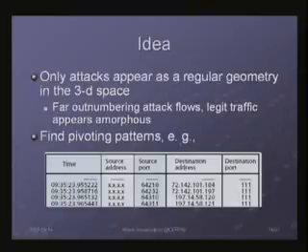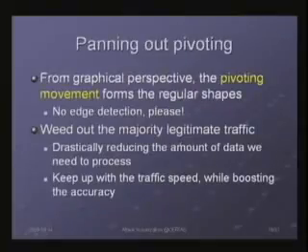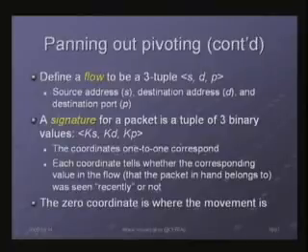So one of those three values, there are things that move. Okay, the coordinates that move. So we can detect that pivoting pattern and exploit that property to get only the attacks, while ignoring the legitimate traffic. So how do we pan out this pivoting behavior?